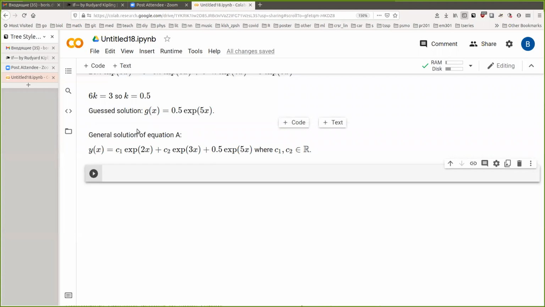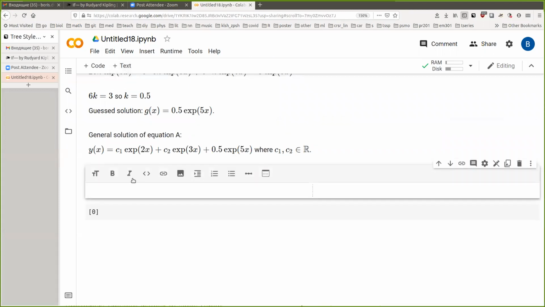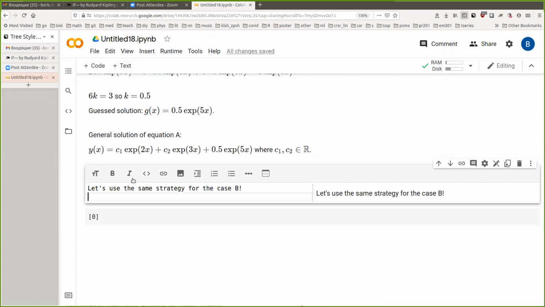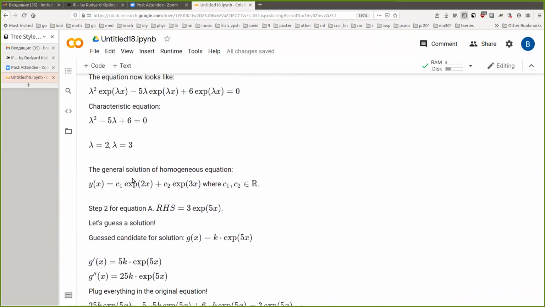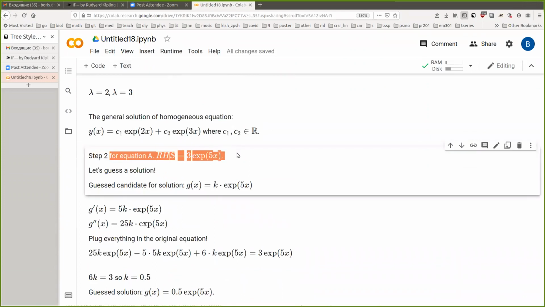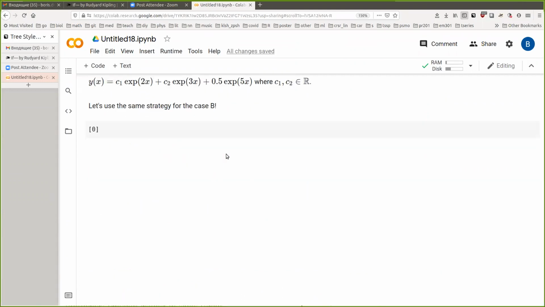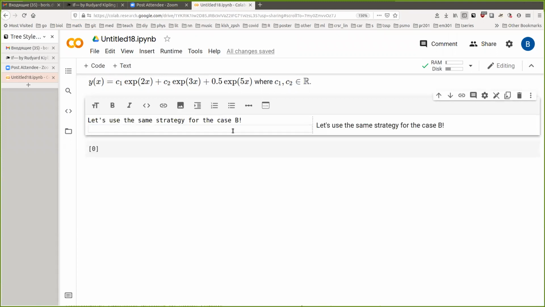So let's use the same idea, the same strategy for the case B. So I look at the right-hand side.